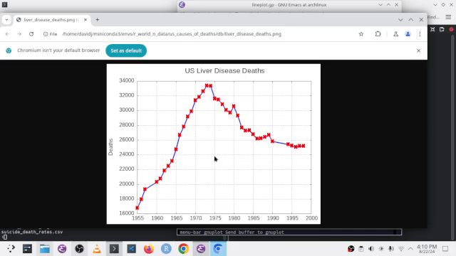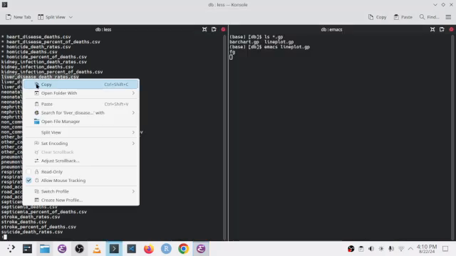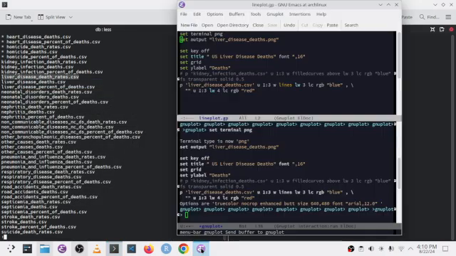It's interesting that you wonder why U.S. liver disease deaths peaked in 1975, and why did they start to decline after that? That's kind of curious. Okay, so let's come back over here.